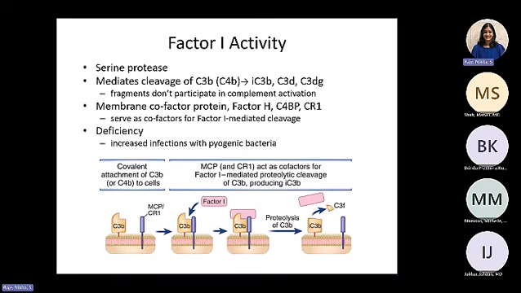It mediates cleavage of C3b to iC3b, C3d, C3dg, all kinds of cleavage products. And it interacts with its cofactors that are MCP, factor H, C4BP, CR1. They all help factor I. Deficiency leads to the infections with pyogenic bacteria.